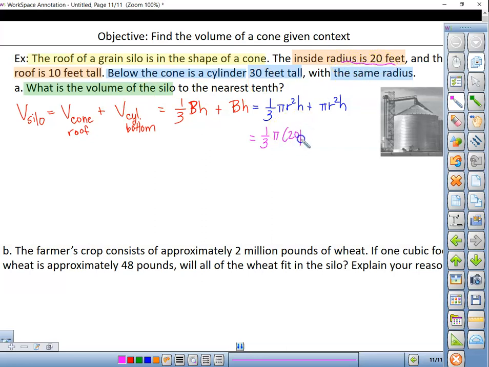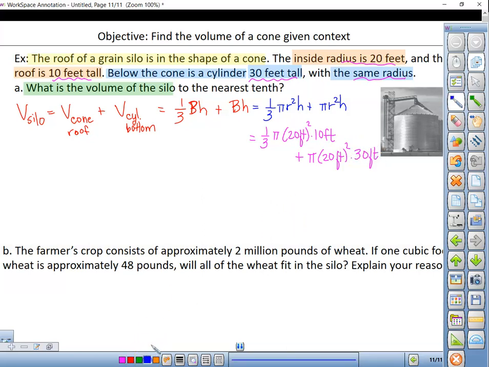So that'll be 20 feet squared times the height of the roof, which is 10 feet. Then I'm going to add that to pi times the radius squared for the cylinder bottom. It, we're told, has the same radius, so we'll again use our 20 feet here and square that. Now we multiply times the height of the cylinder portion. That's a different height. That, we're told, is 30 feet. So we would put a 30 feet in for this h.